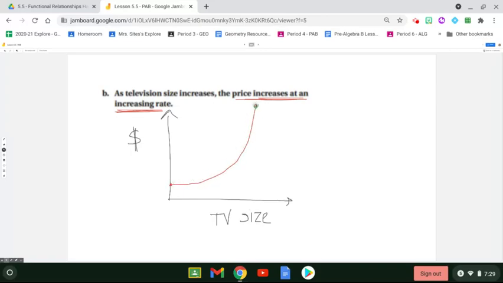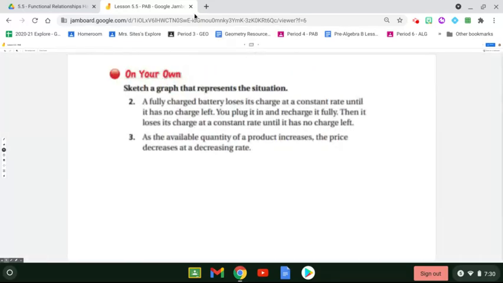Becomes steeper and steeper because as your TV size increases, so does that price. So this time it doesn't have time on the x-axis because we're comparing price with your TV. And again, it got steeper and steeper because as your TV size increases, that price is going to escalate and escalate and escalate. All right, let's see how you guys do on the last two.